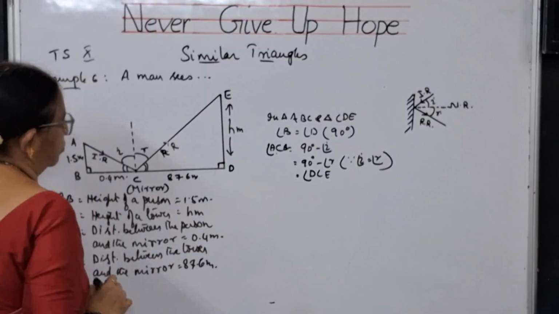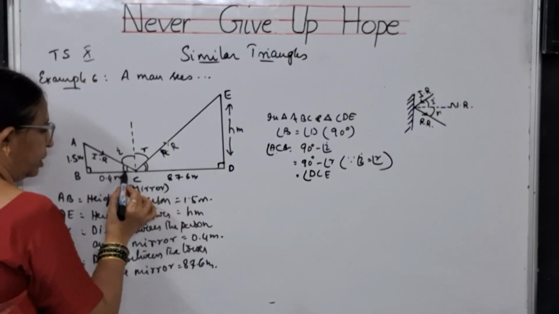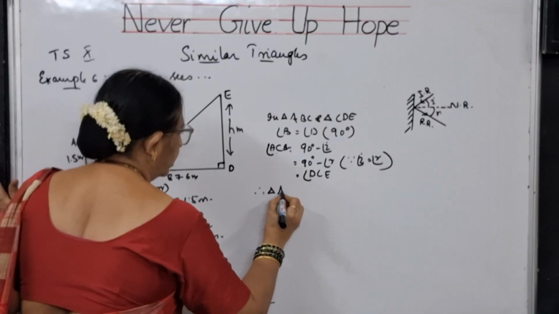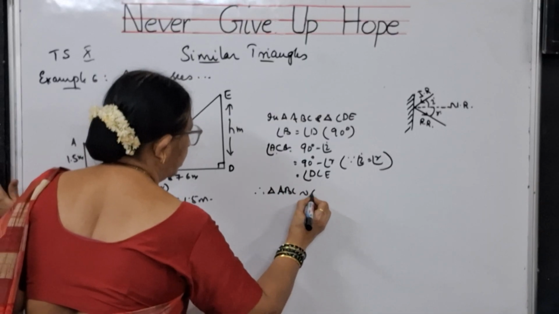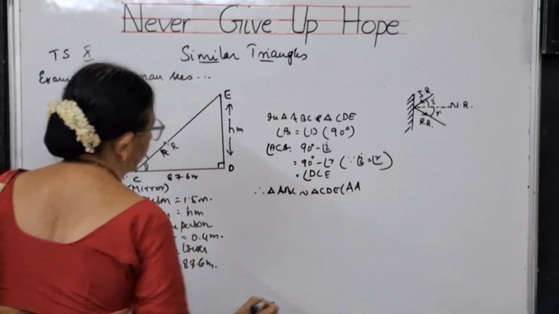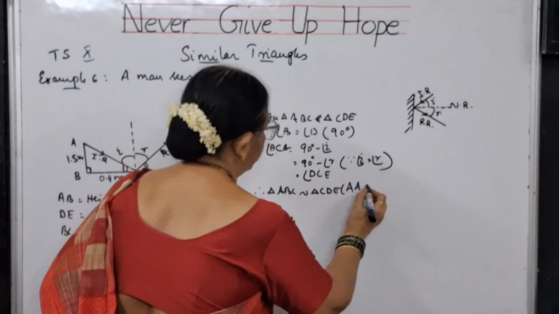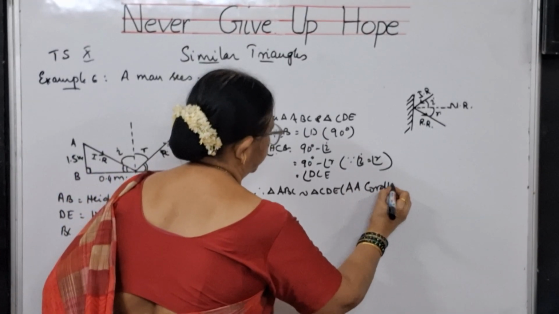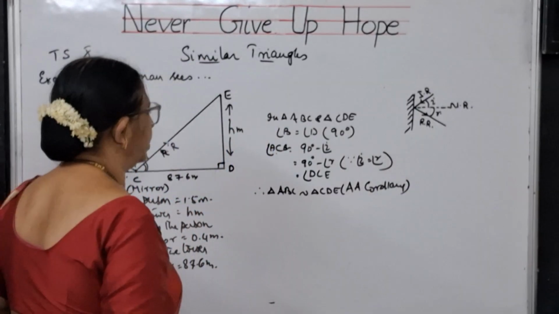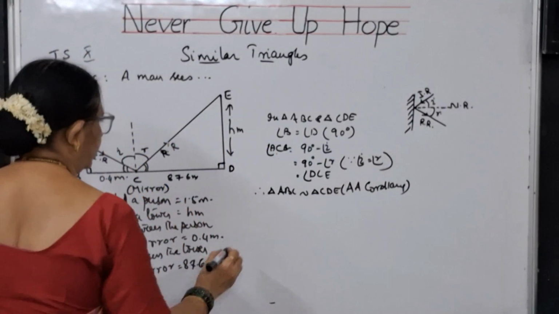We have proved that these two angles are equal. Therefore, triangle ABC is similar to triangle CDE by the angle corollary. When these two are similar, the corresponding sides are proportional.